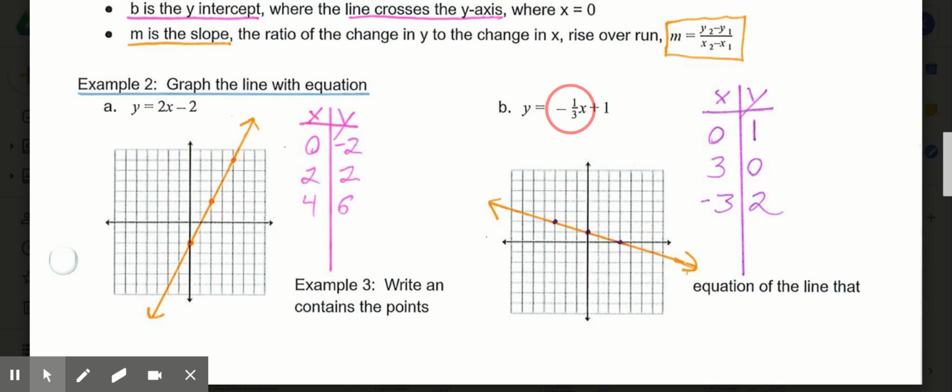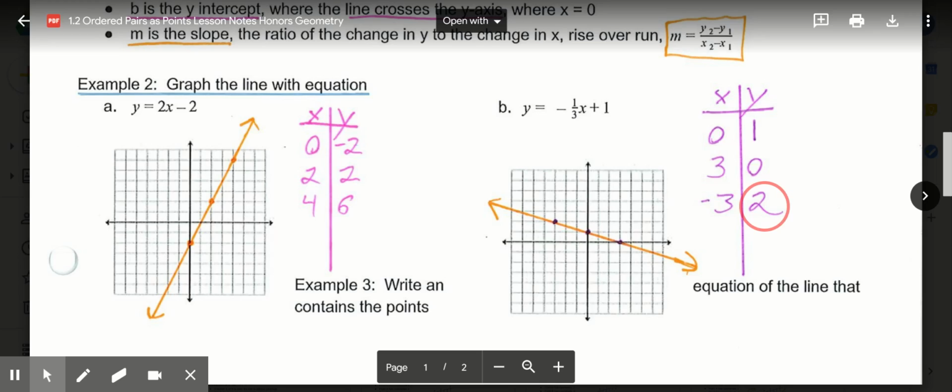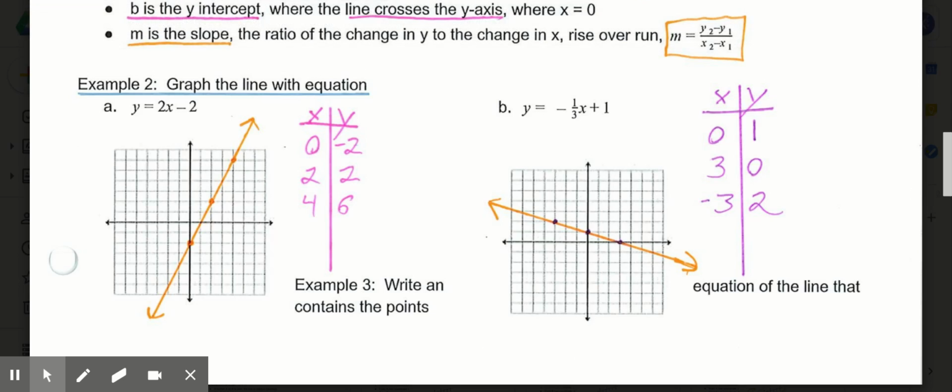Negative 3 multiplied by a negative 1/3 is a positive 1, plus 1 more gives me the output of 2 for y. So then I could plot those 3 points, 0, 1, 3, 0, and negative 3, positive 2, and then connect them to get my line.